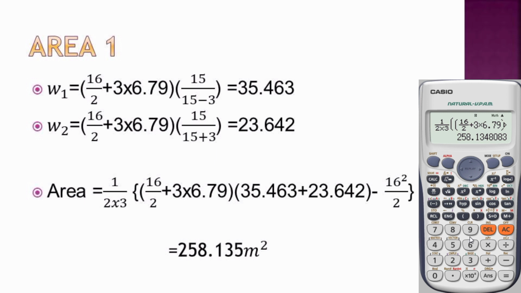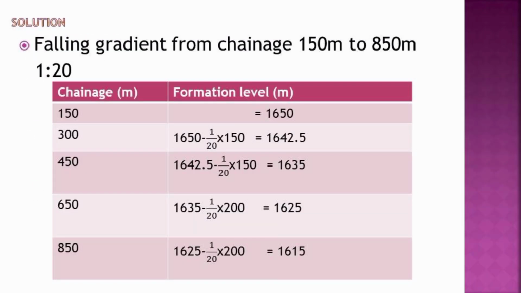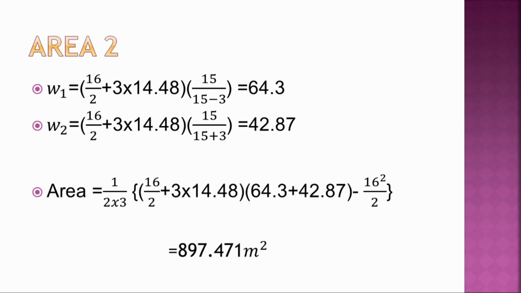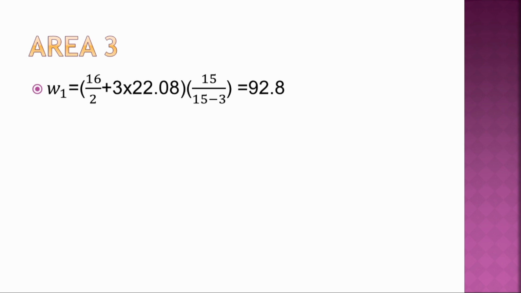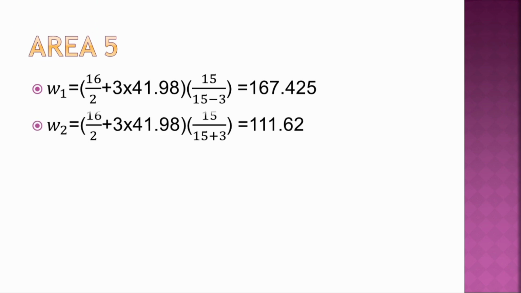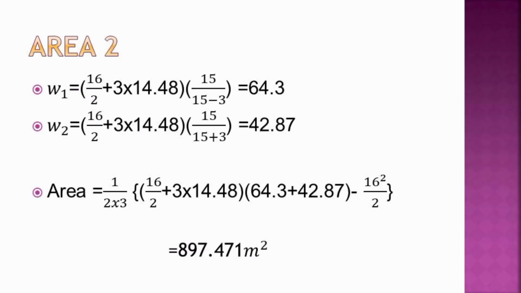We go ahead and calculate area 2. So I hope you are getting the concept. So we have to do for all the areas for all the chainages. There are 5, so those were 5 chainages. So we have to calculate areas under all those by the method of crossfall. So the same is done on area 2, area 3, area 4, and the last area 5, getting our answers.